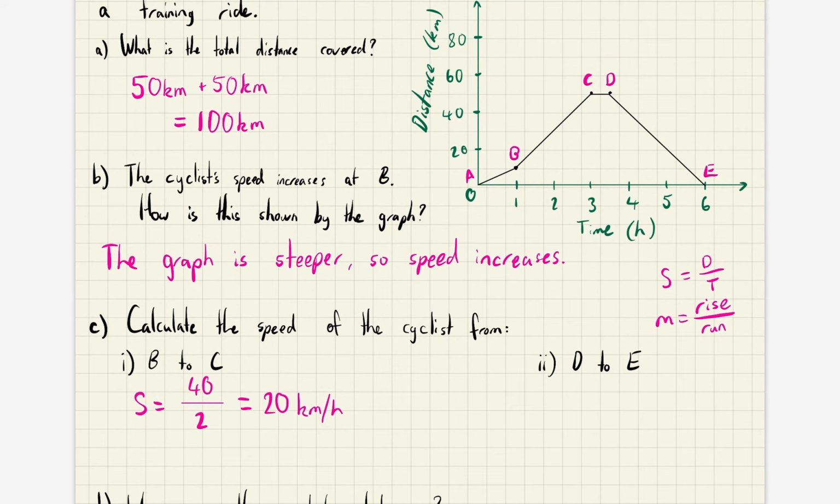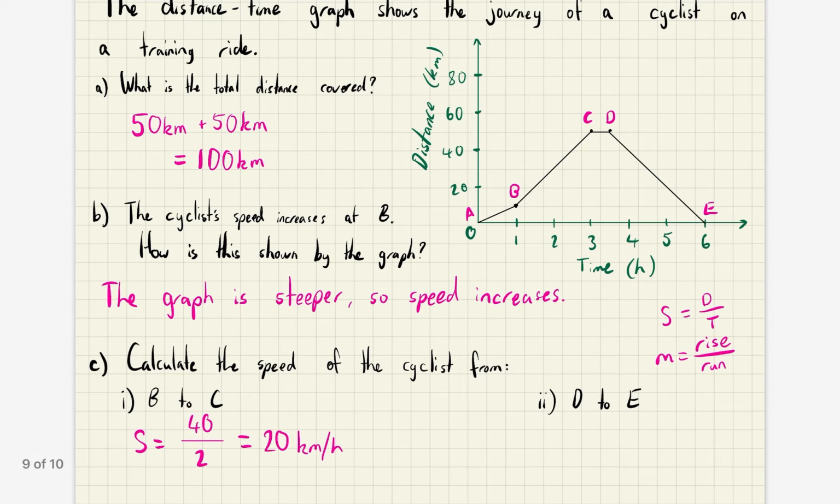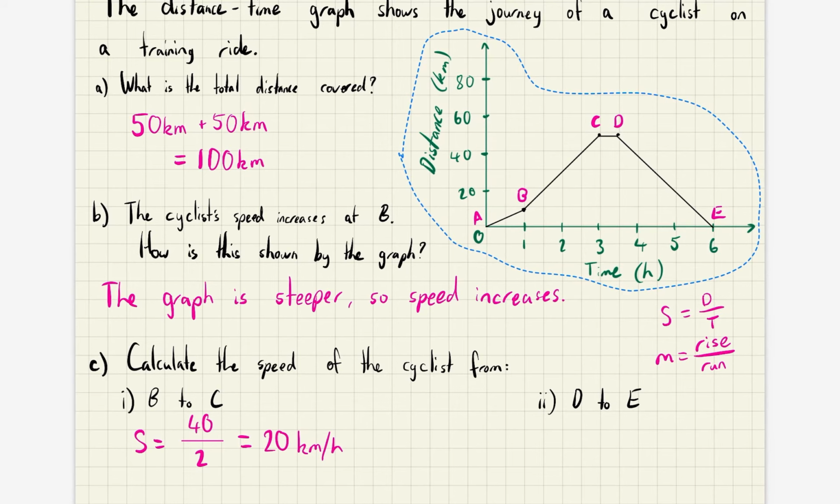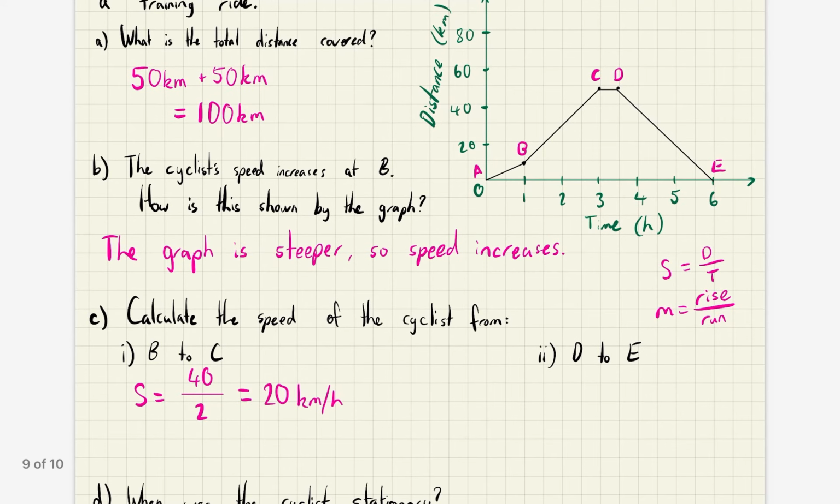Okay, and then we'll do the same from D to E. And I'll move the graph just a little bit because it does line up with these boxes. So you can see now for D to E, D is like halfway between 3 and 4, so it's 3.5 hours, and then E is 6. Instead of going straight into figuring it out, it might be easier to actually draw on the graph.